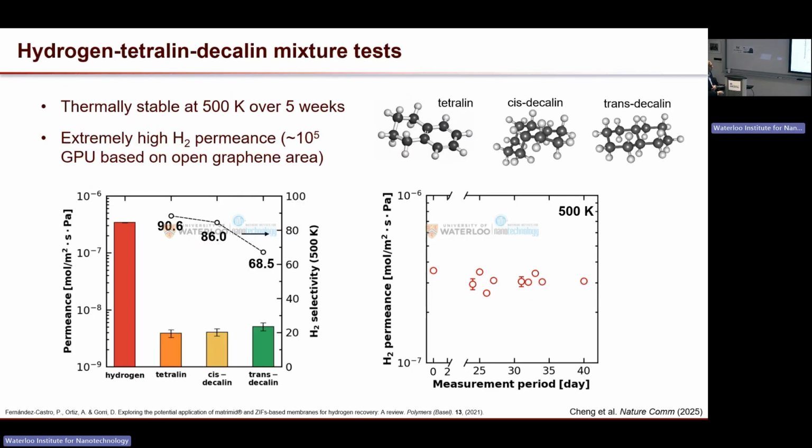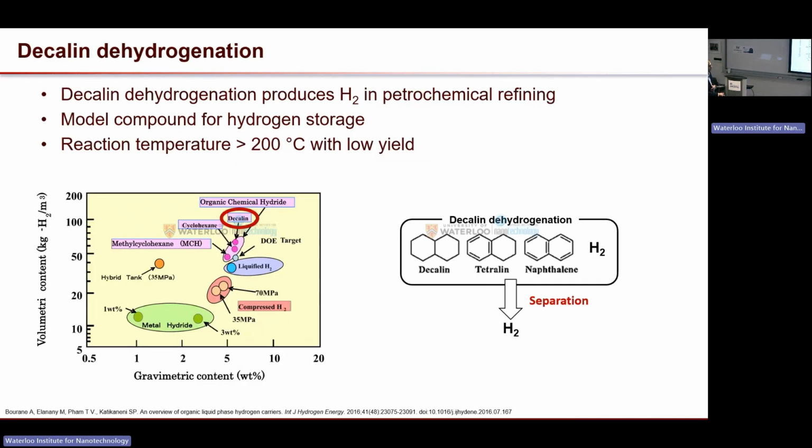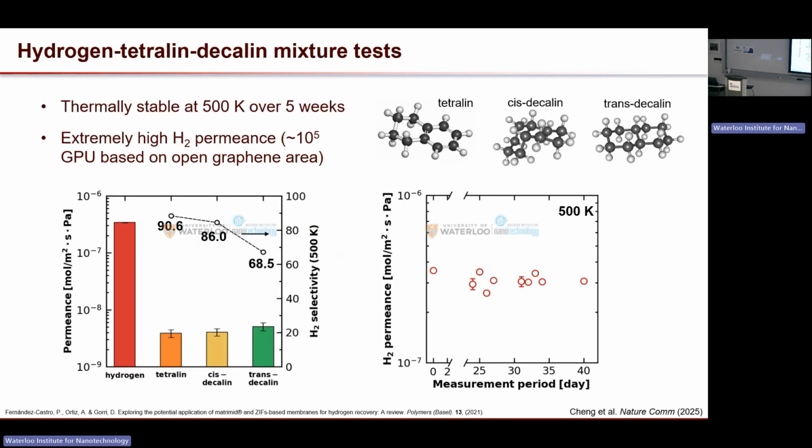So that's the idea. So we have a separation here that operates at the reactor temperature, which is typically around 200 to 250 in this case. So these membranes did do the job, and you can see that they have decent selectivity versus these hydrocarbons. So these are the hydrocarbons we tested them with.